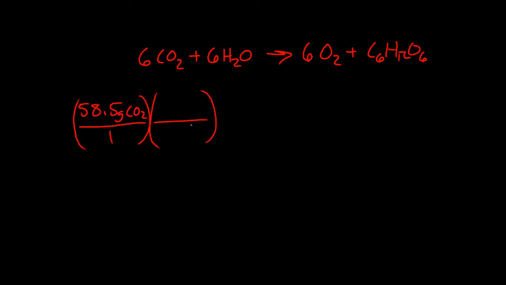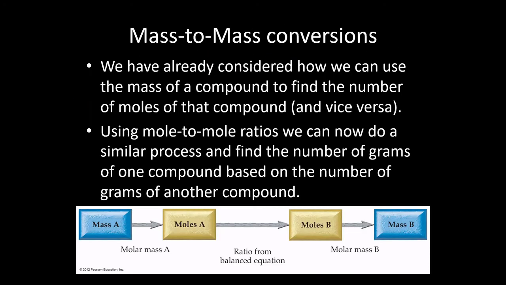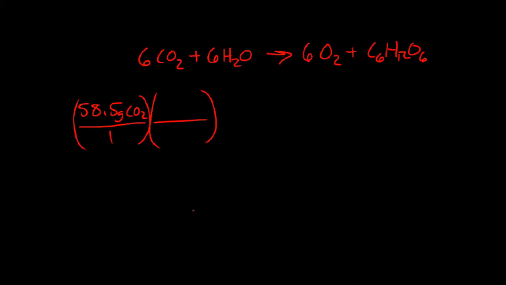So we're going to do the exact same process we did in the last video. We're just going to go from the mass of one thing to the mass of something else using this three-step process. So our first step is the molar mass of CO2, which is, let me add those together real quick. Wait, that was 44.01, wasn't it?